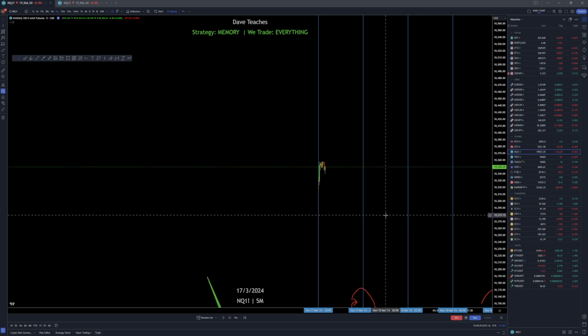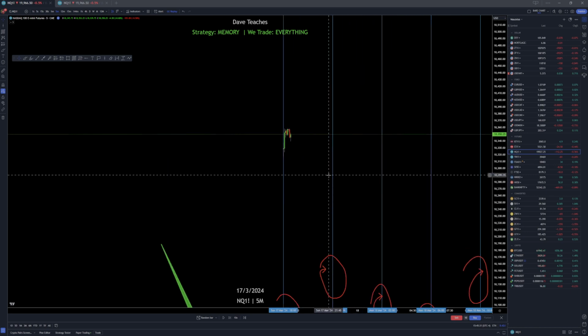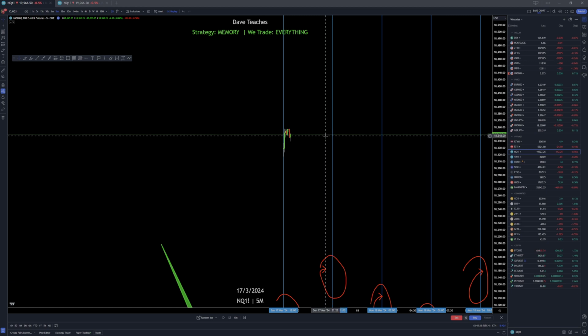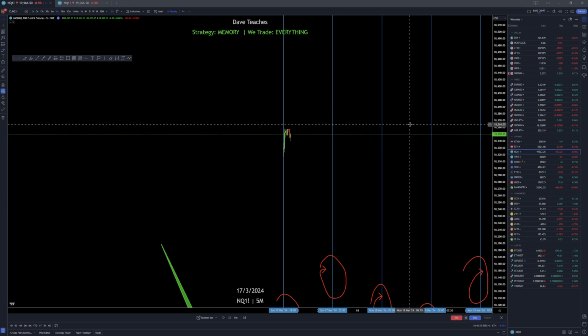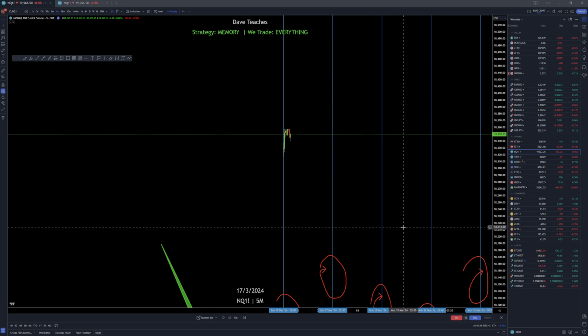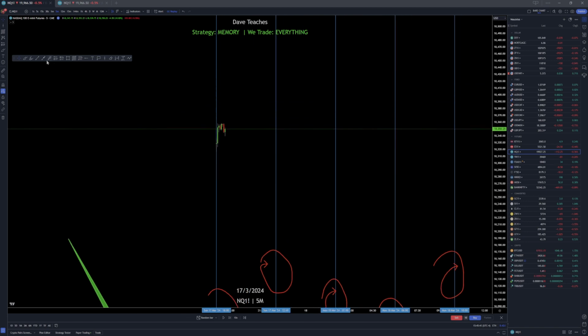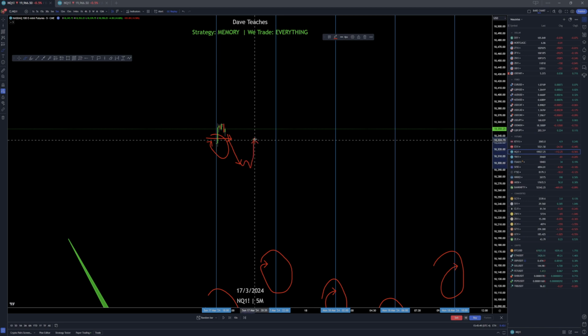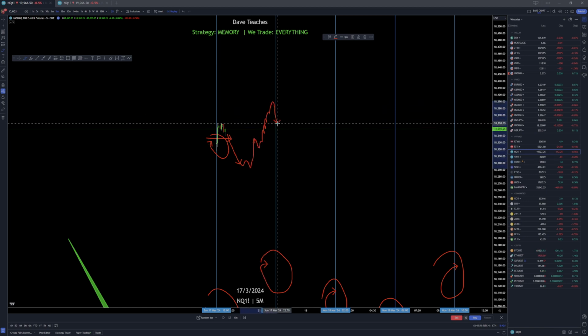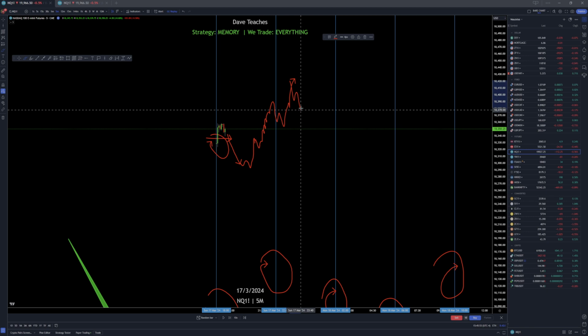The indicator that I'm having created is also going to have the option of marking out the 4-hour opens, right? So the reason we don't really care about the 6 p.m. open, right? What we care about is if 6 o'clock goes like this, and then it goes like this, and then it goes like that, right?